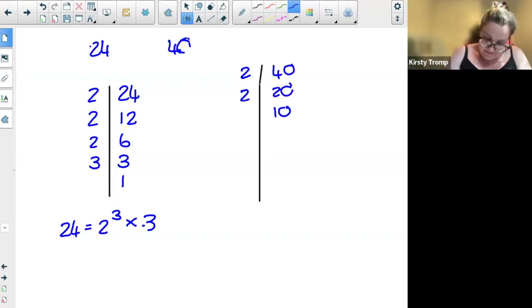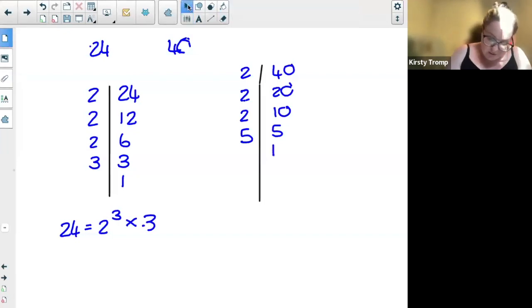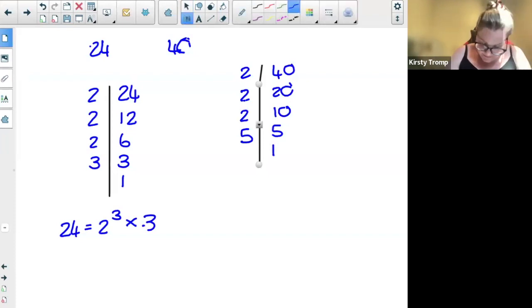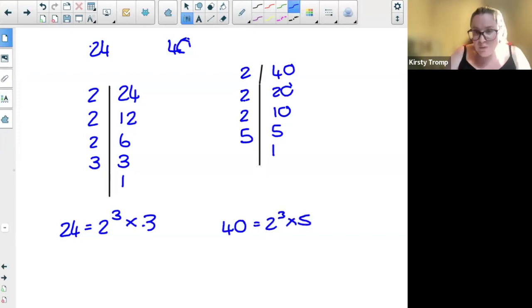It becomes 5. Can we maybe put 2 once more? Becomes 2, yes. Well done. And then it becomes? 5. Good. And then we're going to have? 5. And we're going to get? 1. Awesome. So now I'm going to say what? 40 equals 2 to the power of 3 times 5. Good. Nice. Thanks so much. Well done.